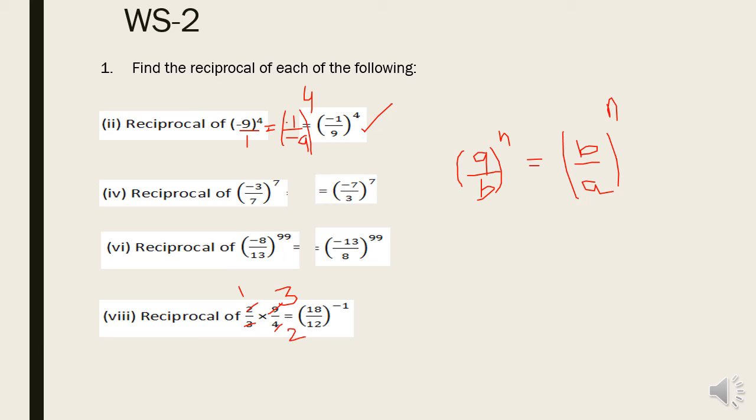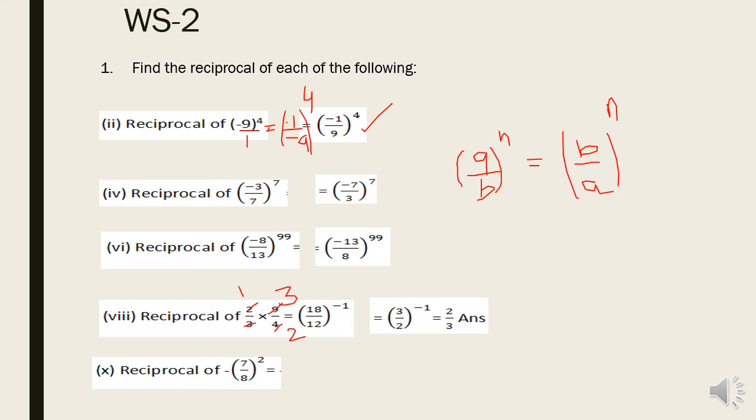The rational number comes out to be 3 by 2, and to find its reciprocal we just interchange the numerator as well as denominator. So reciprocal of 3 by 2 is 2 by 3.